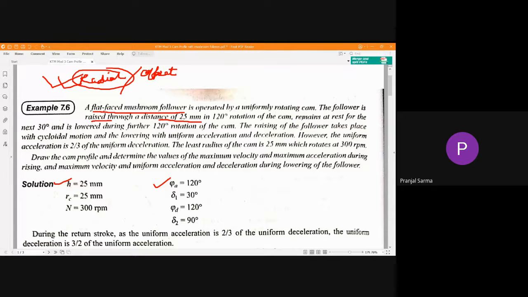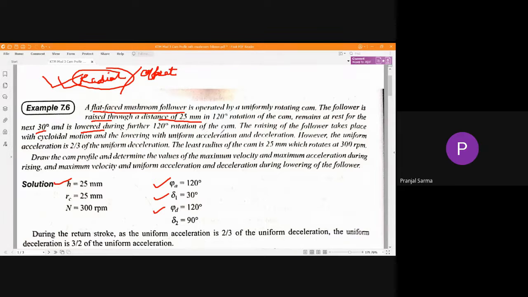Now after that it remains at rest. Rest means the follower is not moving, that is, we are talking about a dwell. So the first dwell is this particular 30 degree, and after that it is lowered. Lowered means the return stroke. The angle theta d is once again 120 degree.